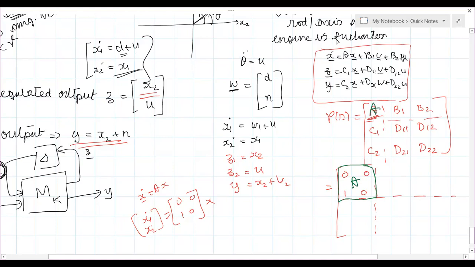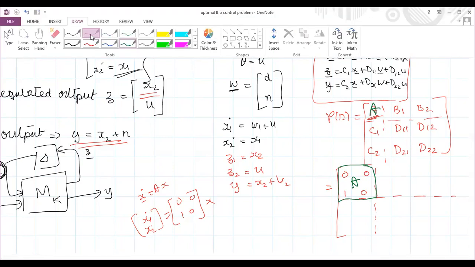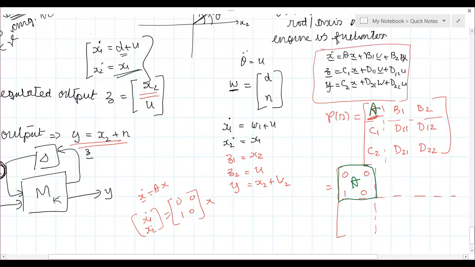Right? Now what next? B1. So what is B1 here? Tell me. AX plus BU. So what will you get? X1 dot equal to 0 into X plus something into U plus something into W1. So what is B1? x2 dot equal to x1 plus some 0 into u plus 0 into w.